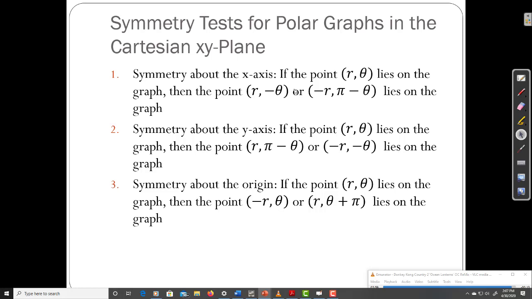Or replacing theta with pi minus theta. And if you can replace both r and theta with negative r and negative theta, it has no net effect on the equation, then it has symmetry about the y-axis. If you can replace just r with negative r, it has symmetry about the origin.